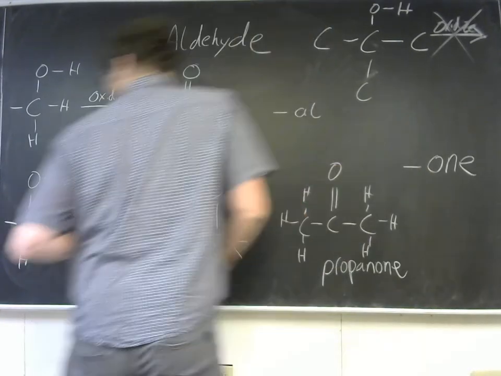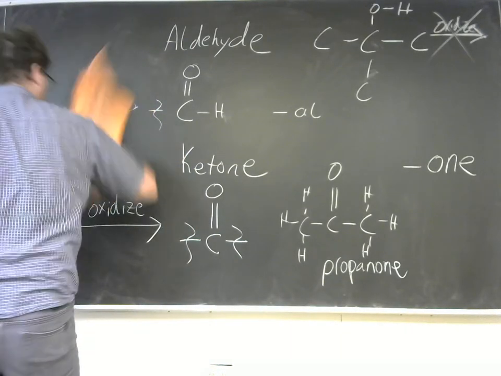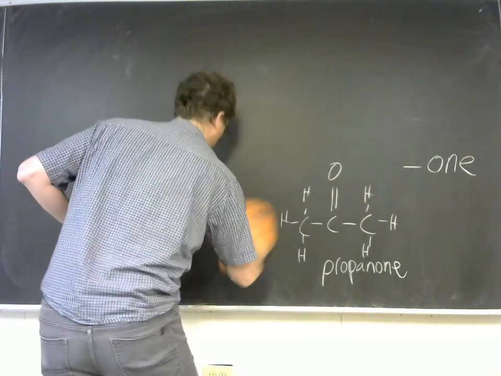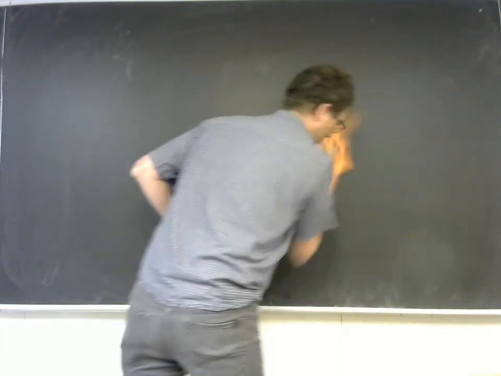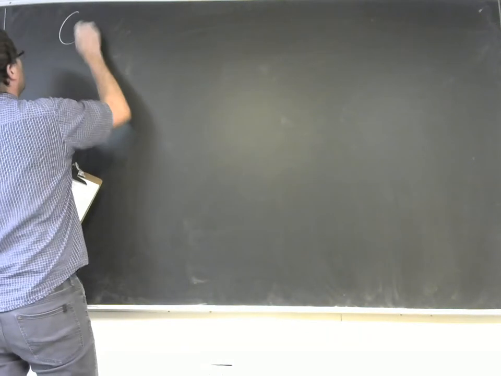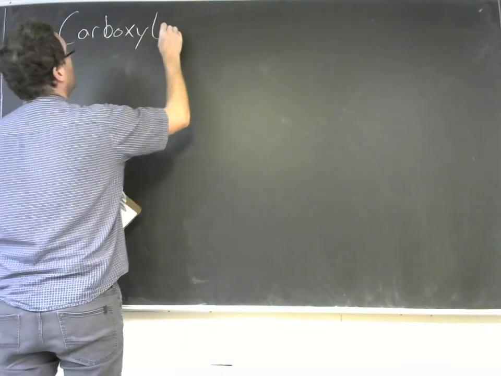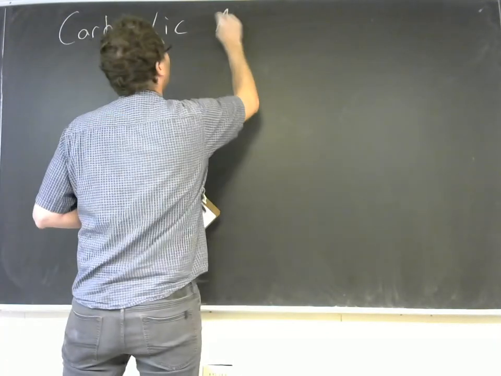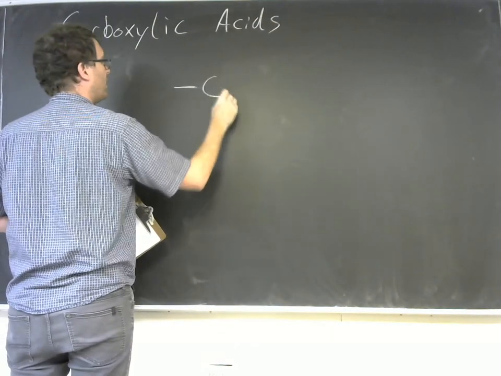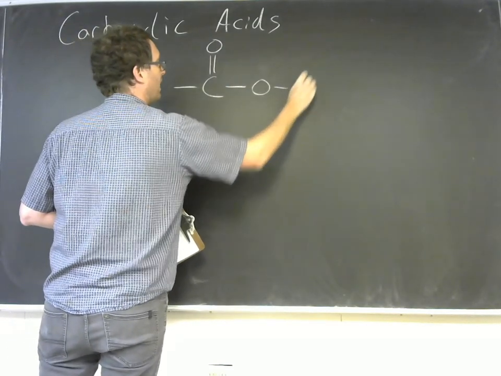Okay, so next we have carboxylic acids. Just one L. So carboxylic acids are going to have a carbon double bonded to an oxygen and a hydrogen.